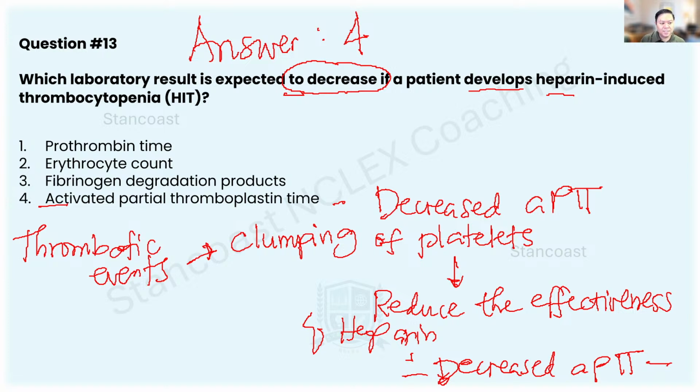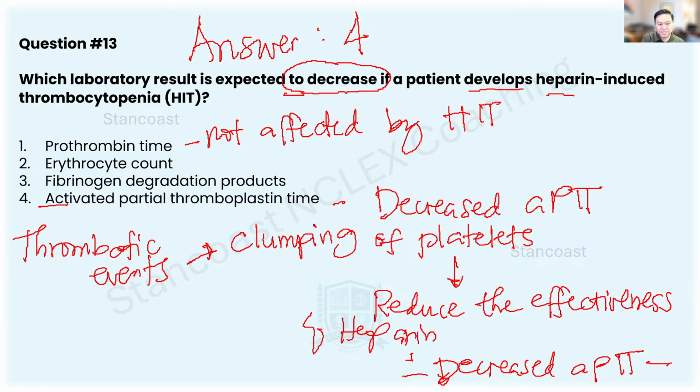Now take a look at number 1, prothrombin time. Why is prothrombin time wrong? Well, we know that the PT measures how quickly the blood clots, but this is not going to be typically affected by HIT. Not affected by HIT, right?